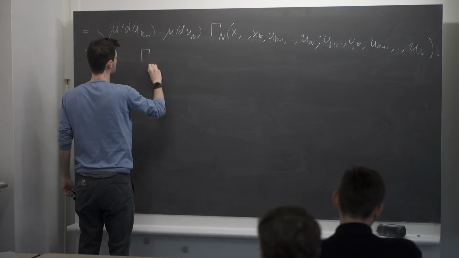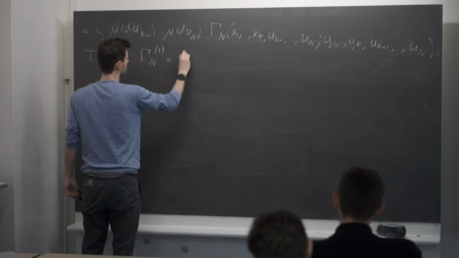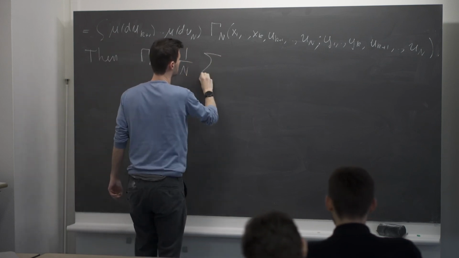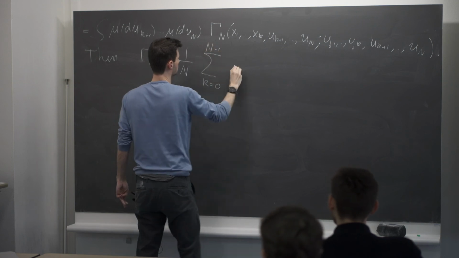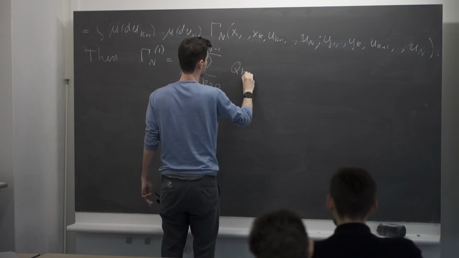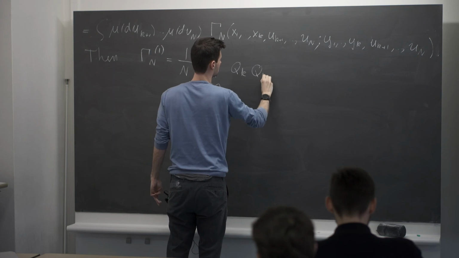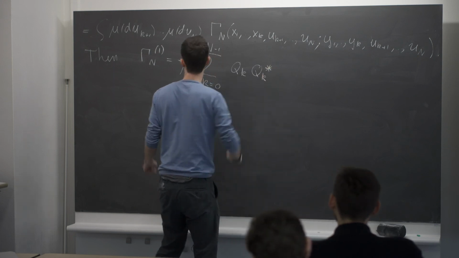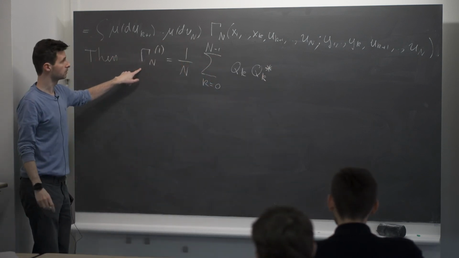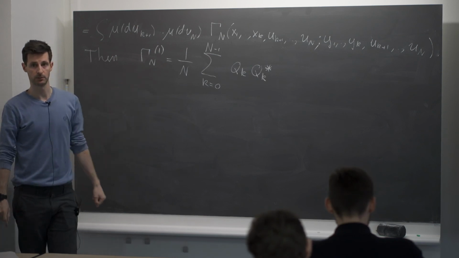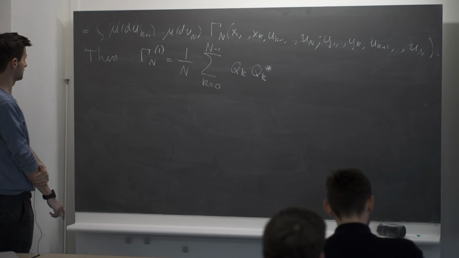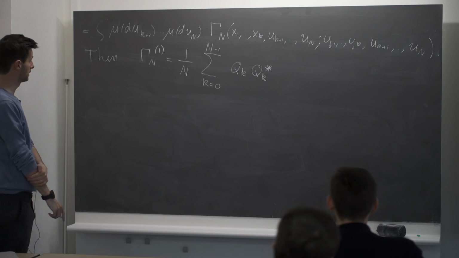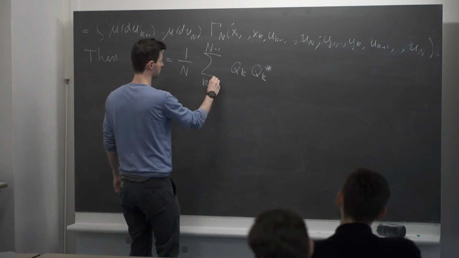Then gamma n1, which is the reduced one-point density matrix, is a projection, and it is precisely given.